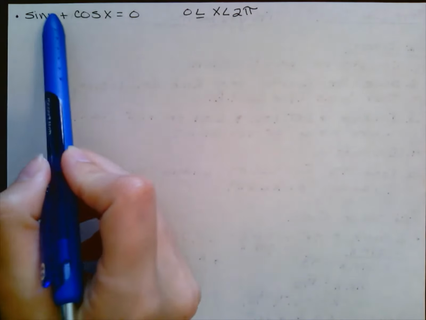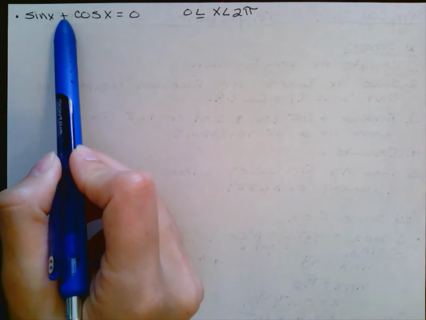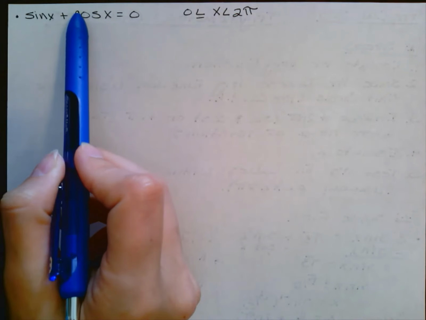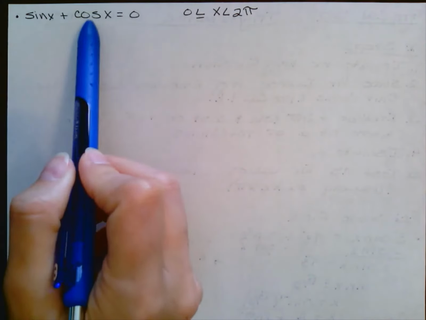I want to start showing you some questions that when you first look at them on your own, you probably wouldn't think of doing this. So I'm going to show you some things that are out there. If I have this question, I can't separate each of them equal to 0 because it's not separated by multiplication. And one thing I could do is move the cosine over, but then I'd have a negative cosine.